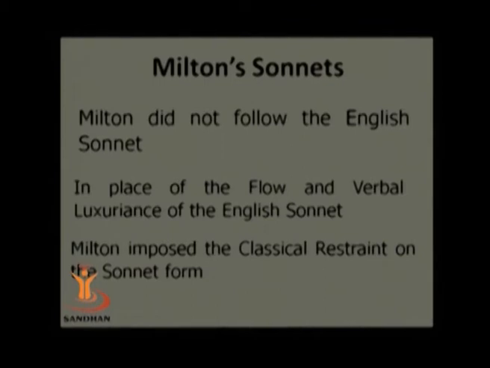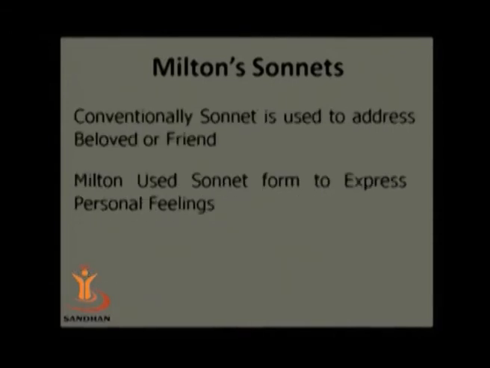They have a flow of imagination, whereas when you talk about Milton and his puritanical ideas, which generally advocated restraint in all walks of life, and even here in the use of poetic form, the classical restraint in the sonnet form was practiced by John Milton through the use of the Petrarchan or the Italian variety of the sonnet.